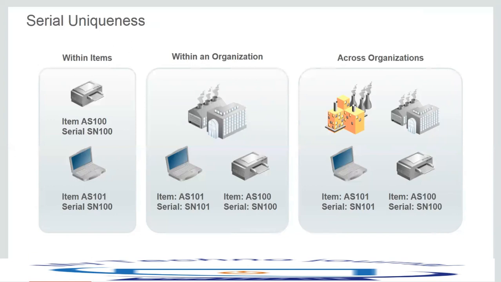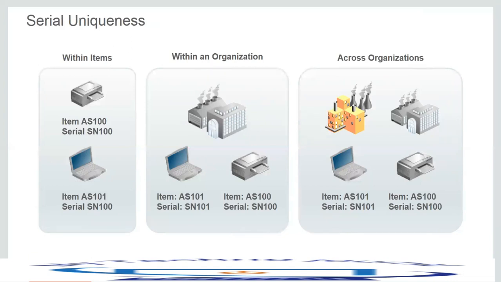The first one is unique within items. That is, we cannot assign the same serial number to the same item regardless of whether that item exists in the same or different inventory organization.